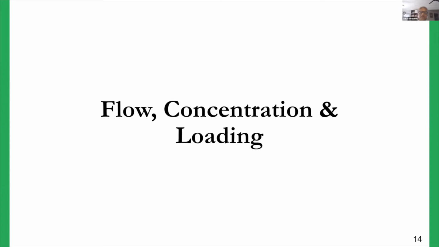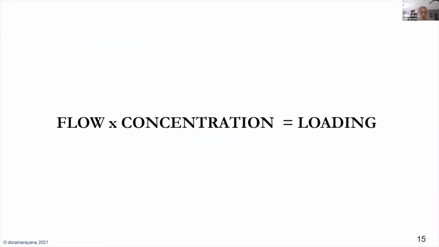But what is of concern to us when we talk about the treatment efficiencies of the treatment facility is the total loading that comes in. And how do we get that? Flow multiplied by concentration gives us the loading. So even though the flow variation is small, because the concentration between sewage and fecal sludge or septage is very different, very much higher, the loading could be significant.